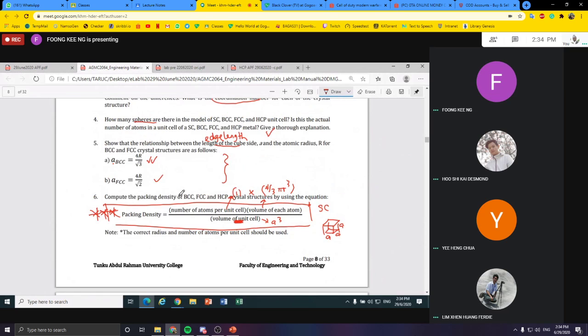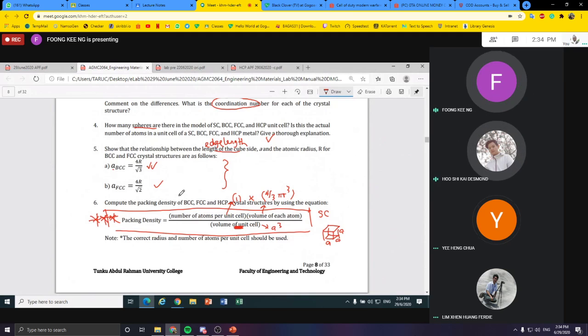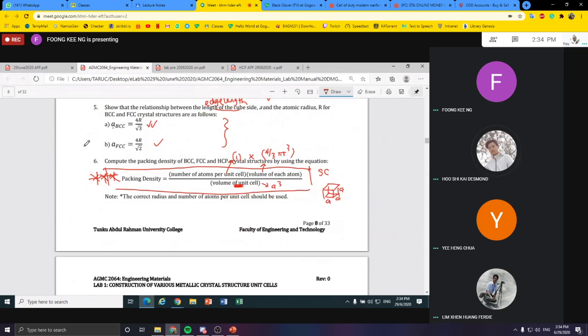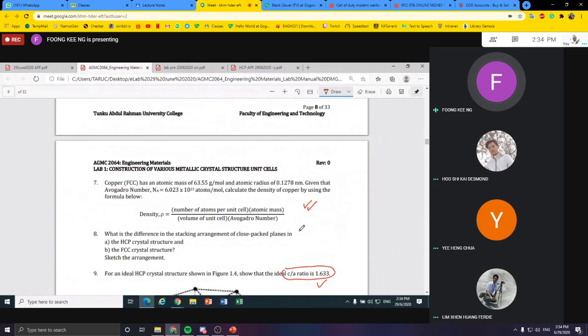Slide 32 in your lecture notes, chapter 2. Theoretical density, the formula here. This one is in words, so I told you in my paper, you must write either words, diagram, illustration, or you write the formula.